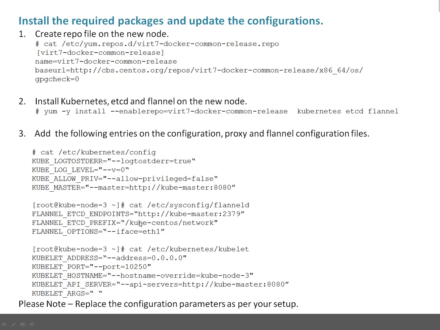I'm saying this is my network, and for interface use it1 because my whole connectivity is over it1. Then in the Kubernetes settings, I'm saying this host name is this particular name, and for this one, the API server would be kube-master over port 8080. This is something which I did similar to the setup which I had. But in your case, if you have some custom settings, make sure you are applying your settings here.